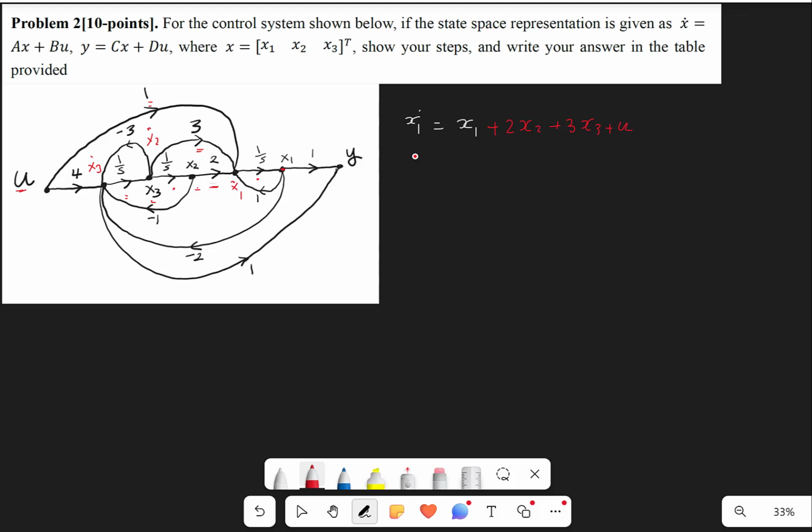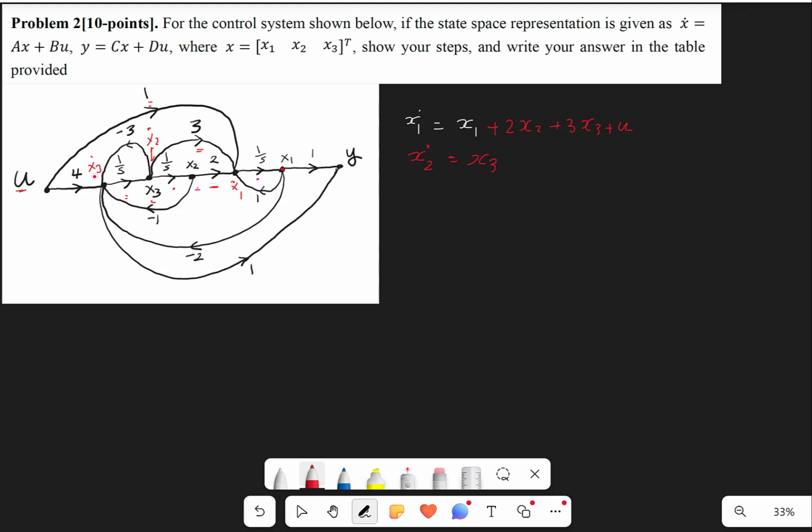So this is the first state equation. Now x2 dot is very straightforward because it's given here. So we have x2 dot is equal to x3.